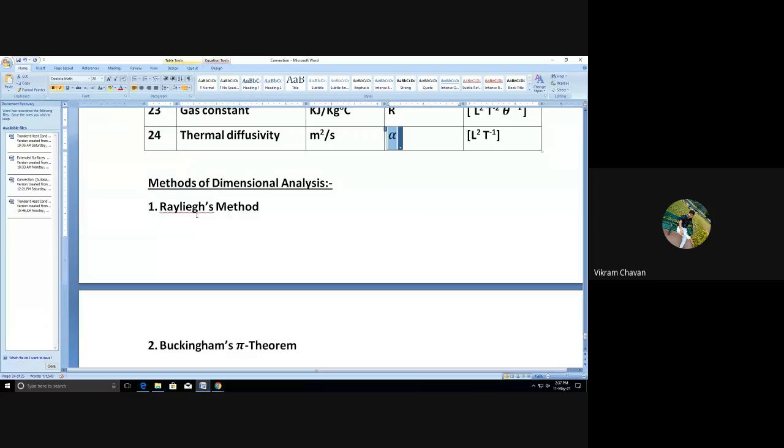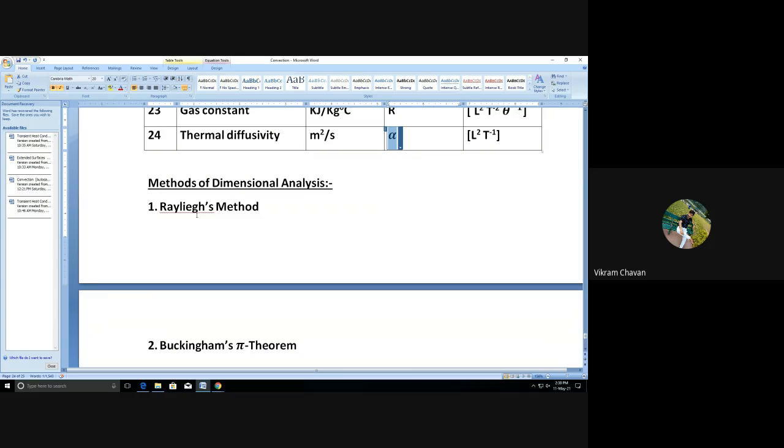To apply dimensional analysis, it is required to know the number of variables included in that phenomenon. Whatever phenomenon you are going to consider, how many variables are included in it should be known to you at the initial stage, so that you can consider those variables to derive the equation for the phenomenon.